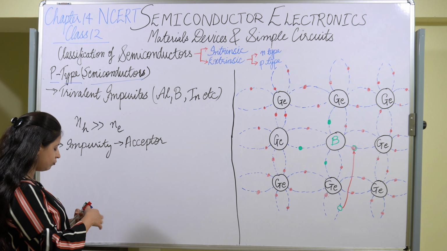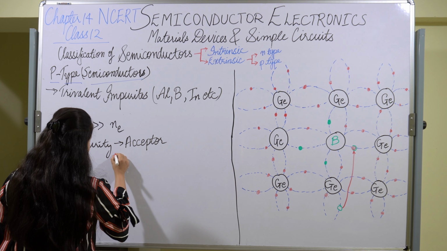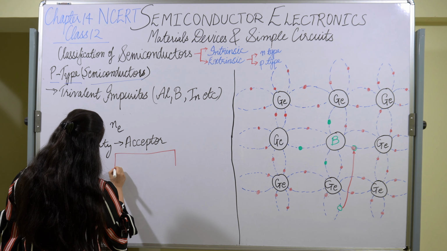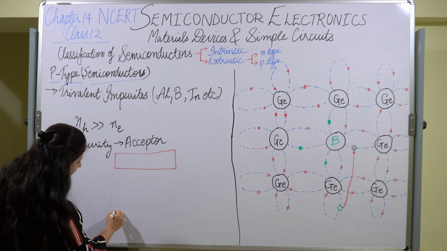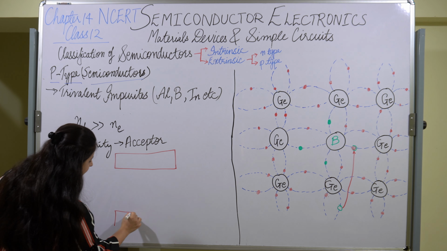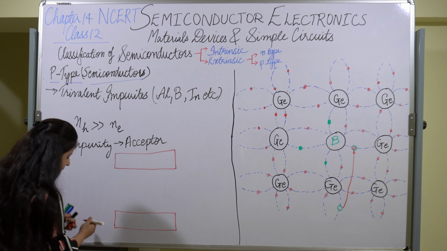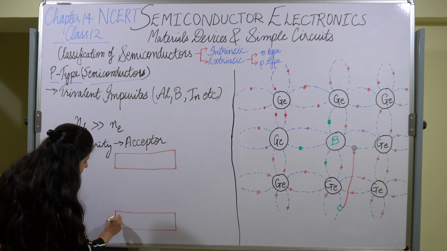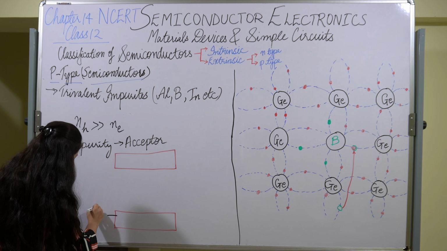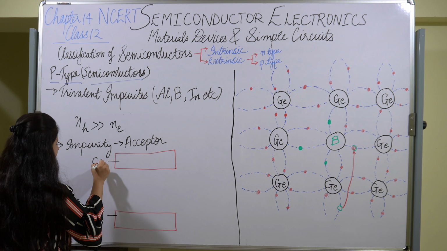Now let us draw the valence band and the conduction band. So this is my valence band, this is my conduction band.